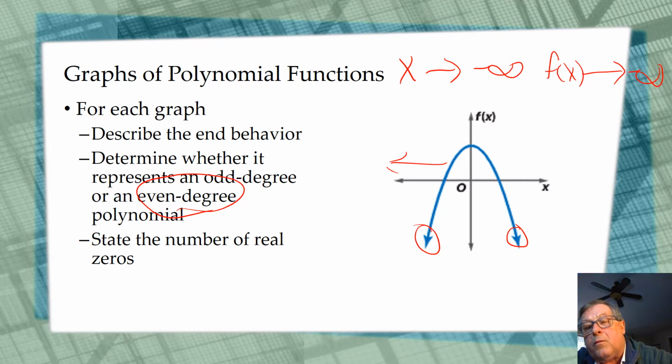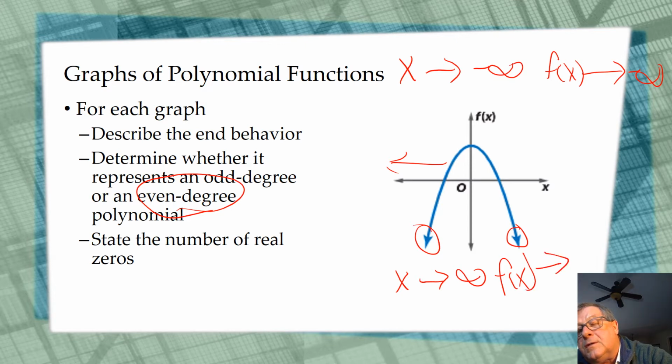And also on my right end behavior, as x is approaching infinity, f of x is approaching negative infinity. So we've described our end behavior. Check that off. We've determined it's an even degree.